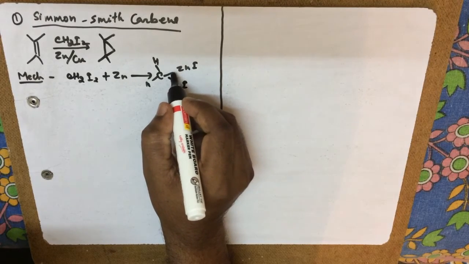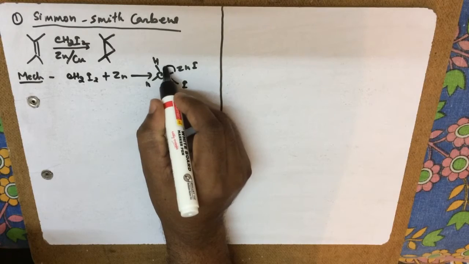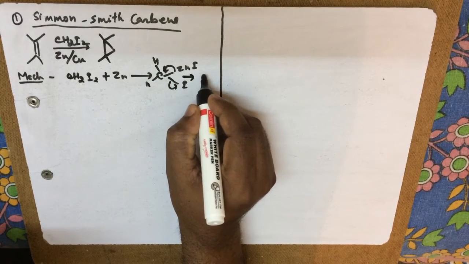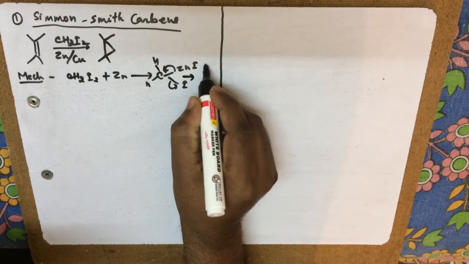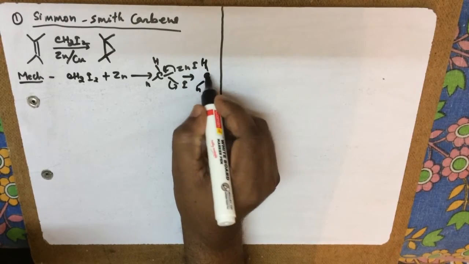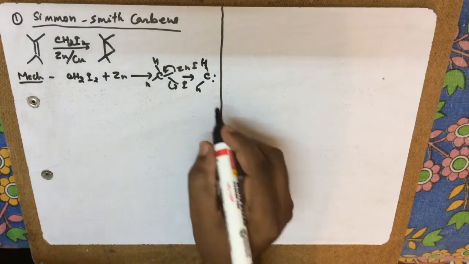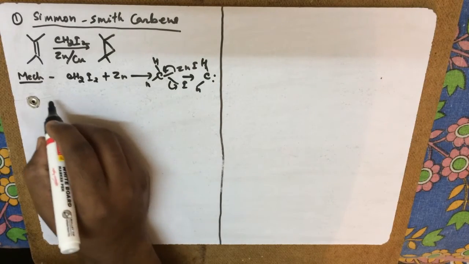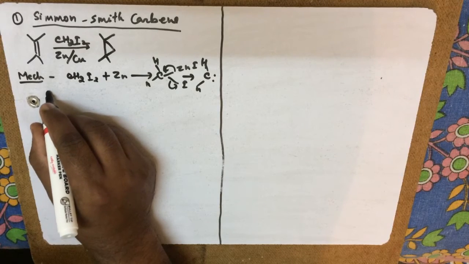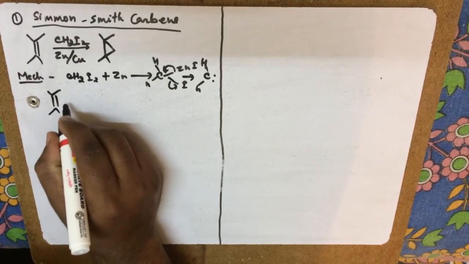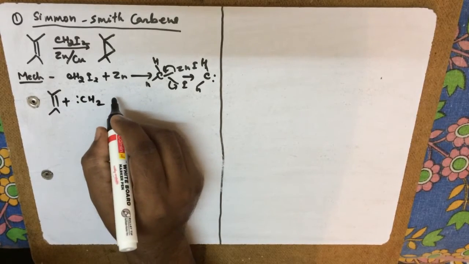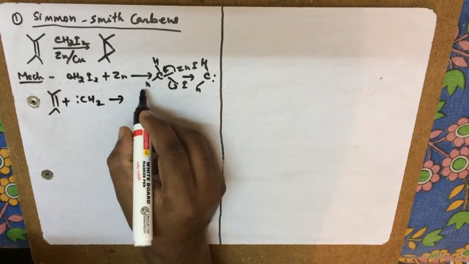So this bond will break, this goes like this, so you will get the singlet carbene. Now this singlet carbene will react with this alkene, then you will get the product.